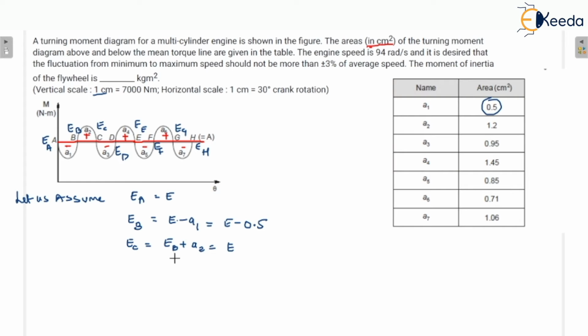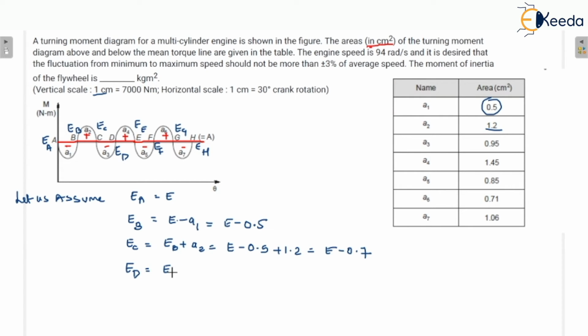So this is EB plus A2, and what is A2? A2 is 1.2. So that is E minus 0.5 plus 1.2. When you solve this, you will get E minus 0.7. That is what you get when you subtract 0.5 from 1.2.